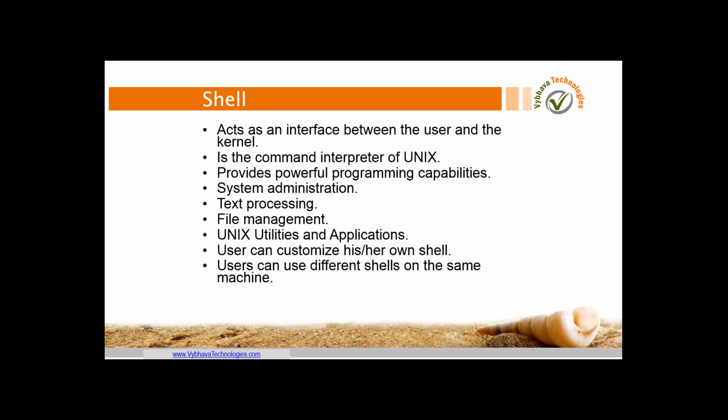How many shells are available? You can see there. In Solaris, I can see ZSH, KSH, whereas in Linux, I cannot see ZSH. I can see only bash, though other shells are available. C shell I don't find. So there are differences between Linux and Unix. Some shells are available in both. Some shells are available only on specific proprietary operating systems.